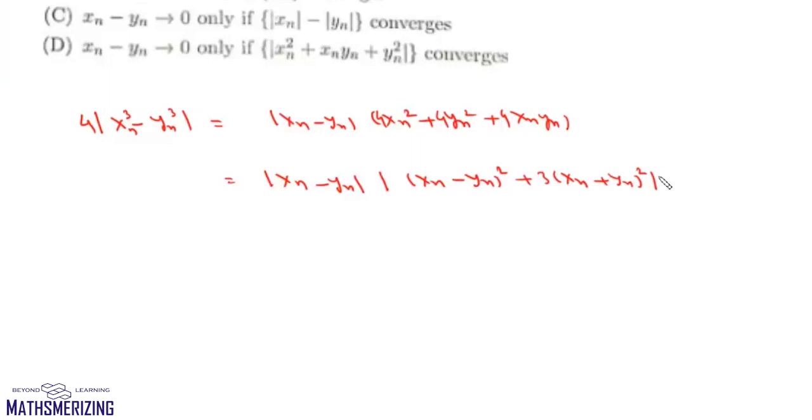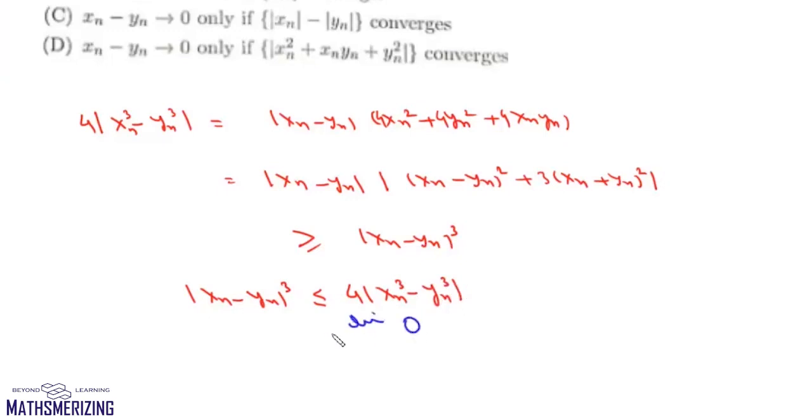Now it will always be greater than or equal to x_n minus y_n whole cube. So we can write x_n minus y_n cube will be less than or equal to 4 times x_n cube minus y_n cube. Now the question says the value of this limit is 0.